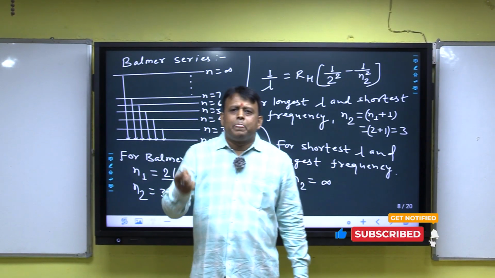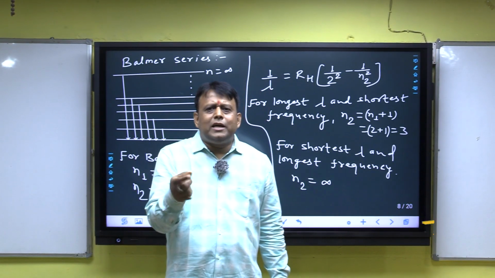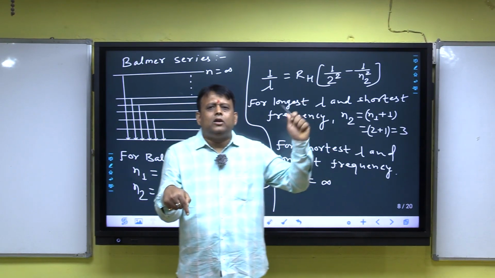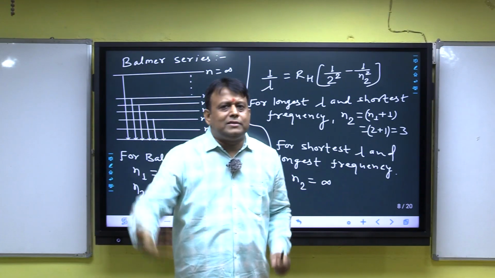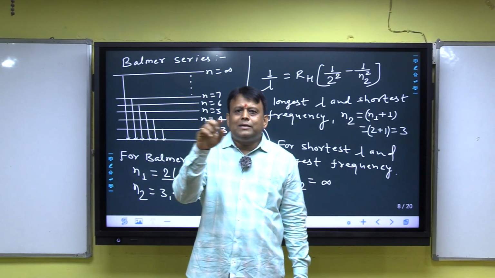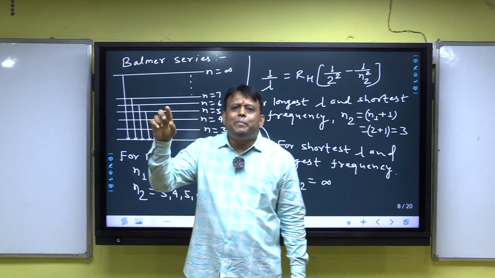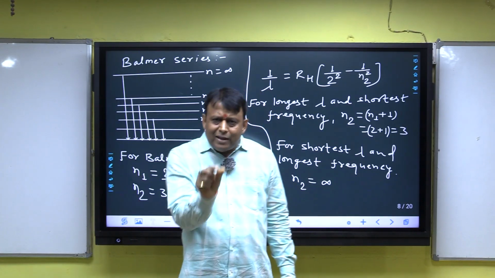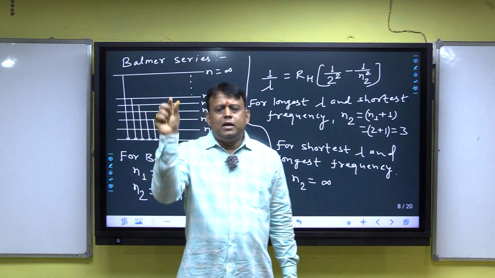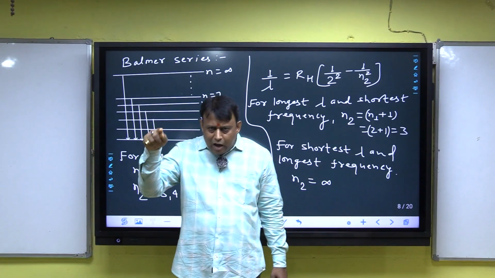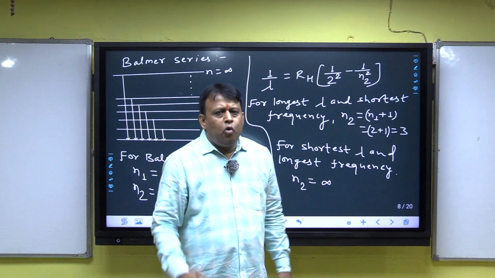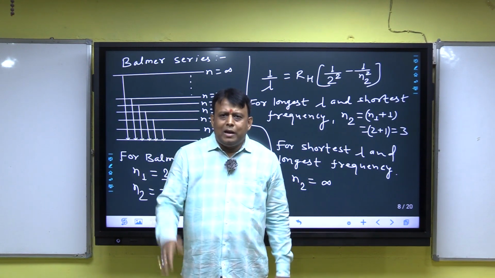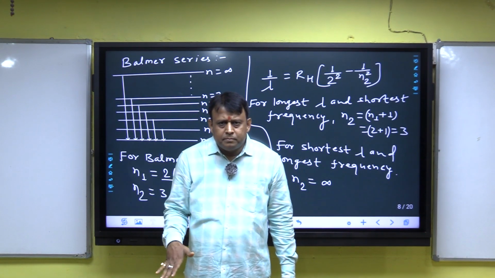Why infinity? Because the energy change from an orbit to the infinite orbit gives the maximum value, and delta E equals hc by lambda. When energy is maximum, h is constant, c is constant, so energy is inversely proportional to lambda. When energy is maximum, lambda will be minimum.